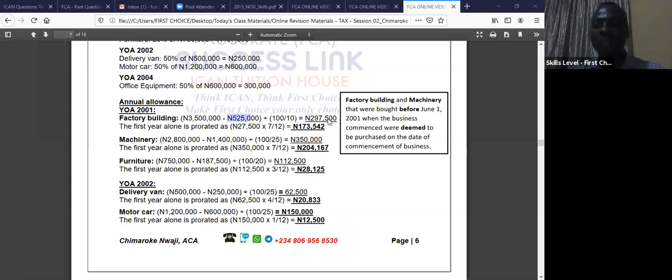every year you'll be charging 97,500. But for the first year alone, there is no full year, so we are going to prorate it. How many months did we use it?